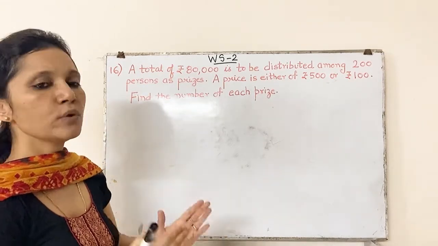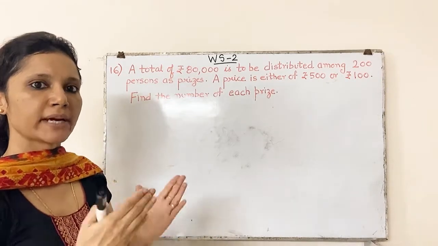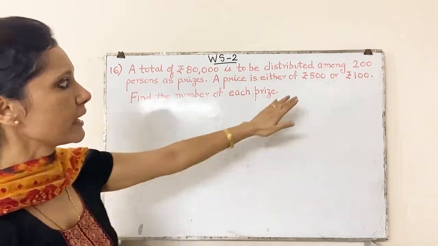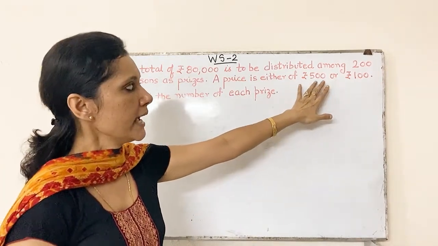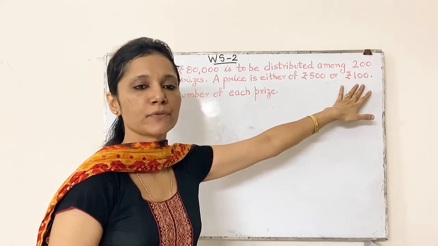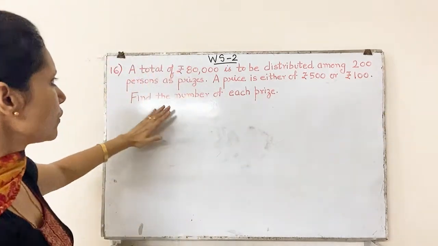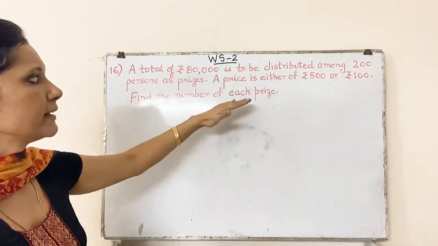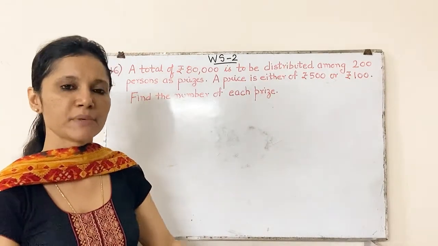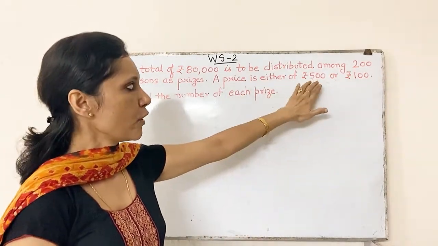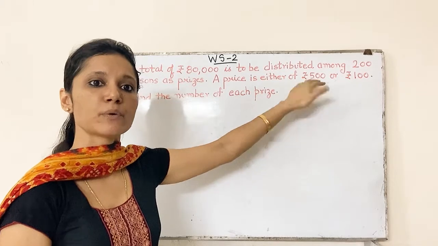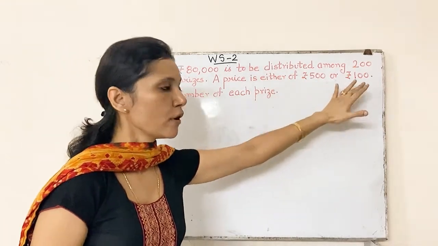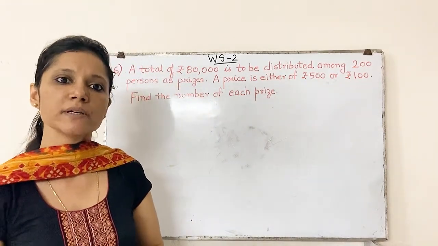That means 200 people are going to get the prizes, and some of the prizes are worth rupees 500 and some of the prizes are worth rupees 100. So we have to find the number of each prize. That means we have to find the number of 500 rupees prizes that were distributed and the number of 100 rupees prizes that were distributed.